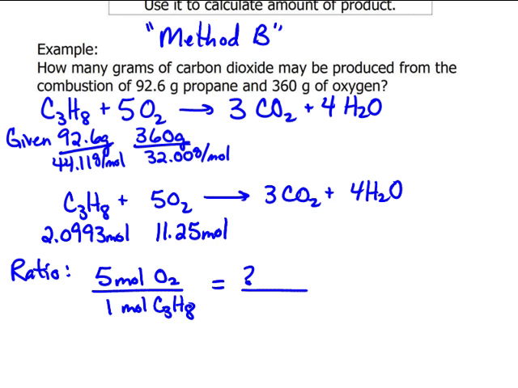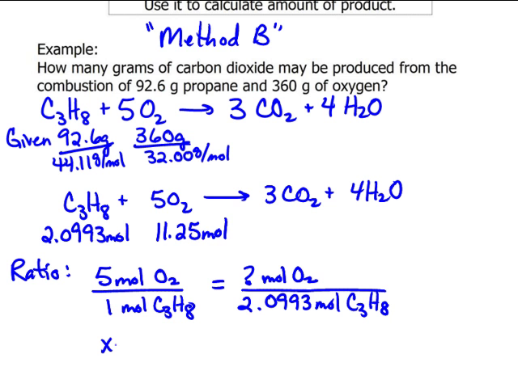Well then, how many moles of O2 would be required for 2.0993 moles of propane? Now, I just arbitrarily chose to use the propane here. I could have used the 11.25 moles of O2 and had a question mark or X for the C3H8 moles.